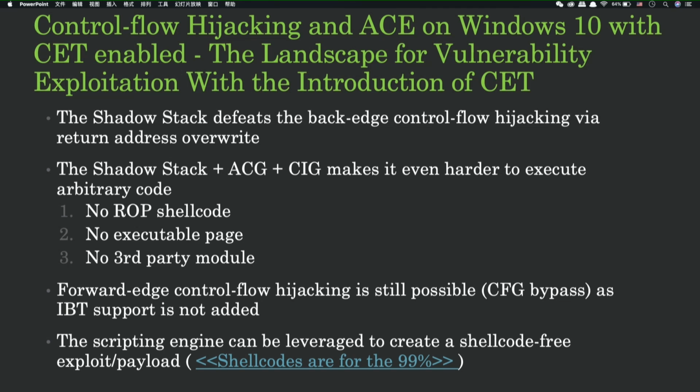Second, shadow stack together with ACG and CIG. ACG stands for Arbitrary Code Guard. CIG stands for Code Integrity Guard. Those make arbitrary code execution even more difficult. Why is that? First of all, shadow stack pretty much defeats raw shellcode. We cannot jump arbitrarily anymore. And ACG's purpose is to load only known code into memory for execution.